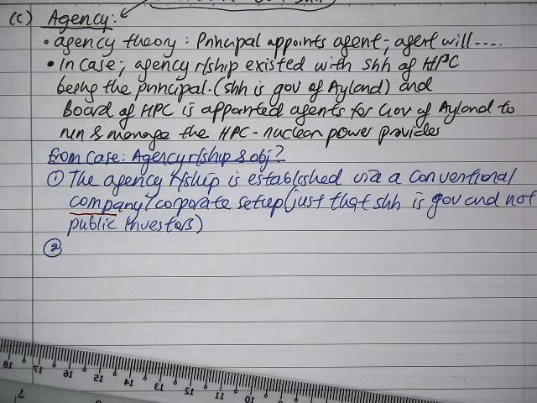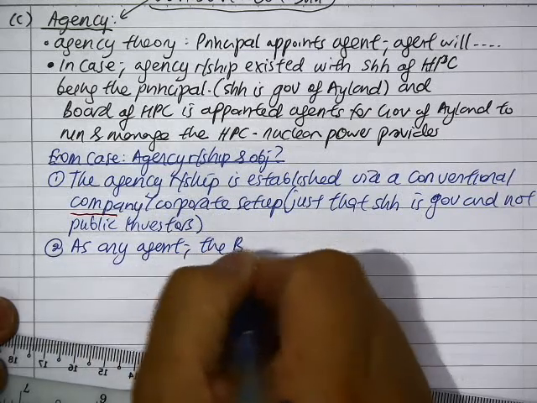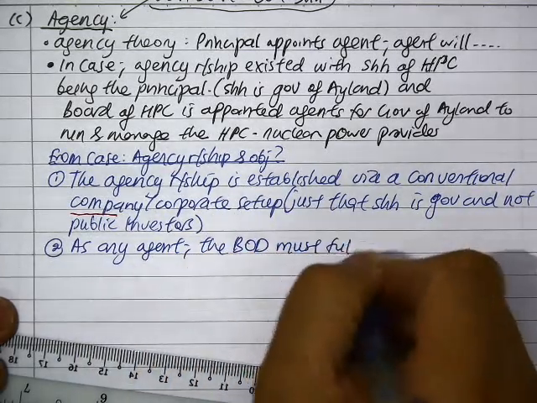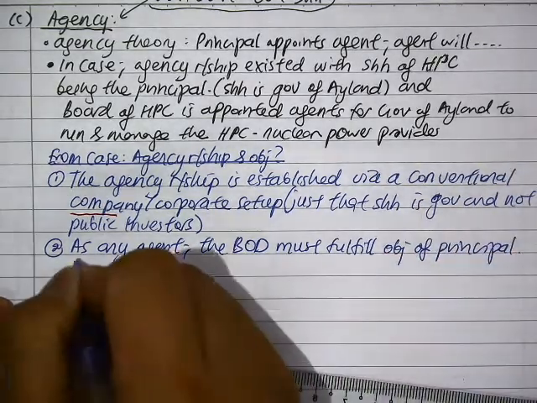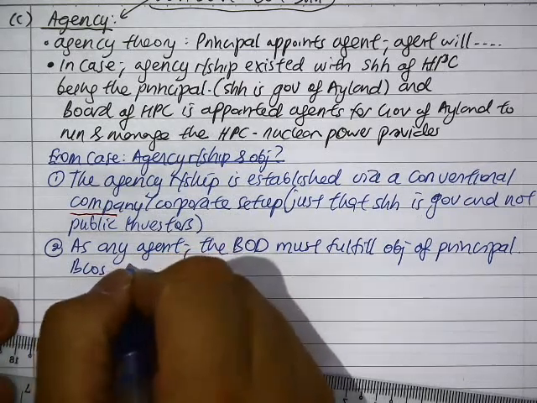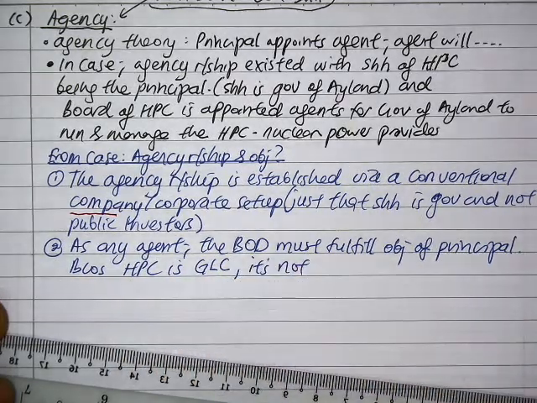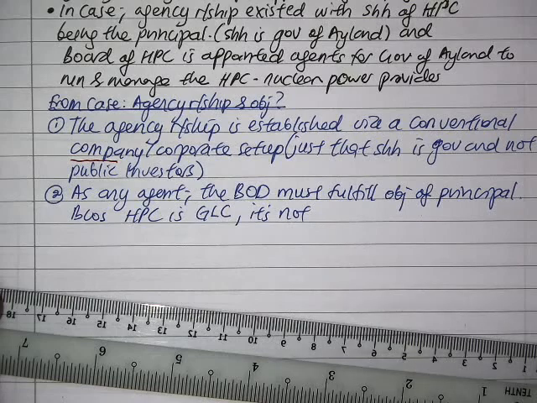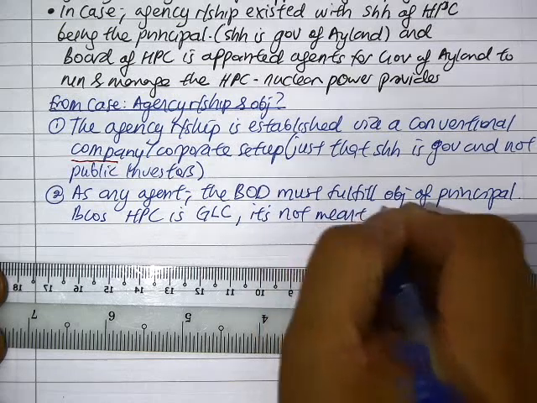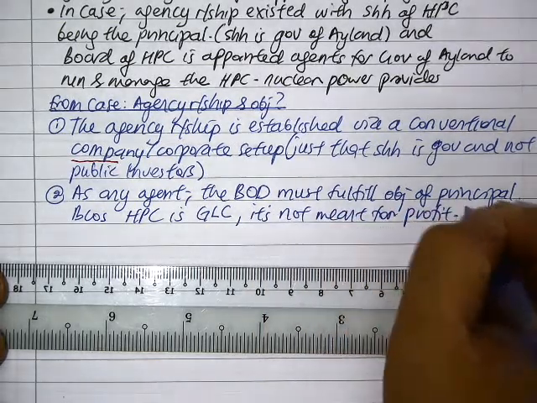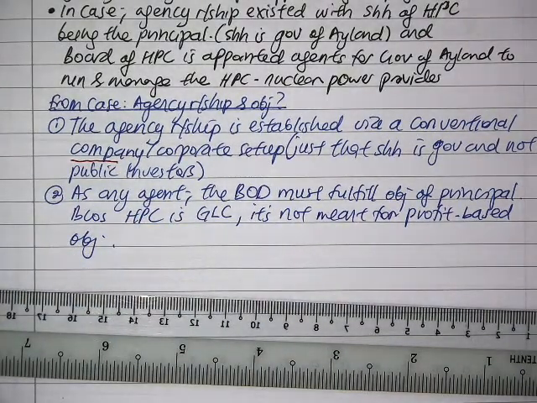Okay, now as any agent, the board must fulfill the objective of the principal, because HPC is a GLC, government linked company, then it is not meant for a profit-based objective.